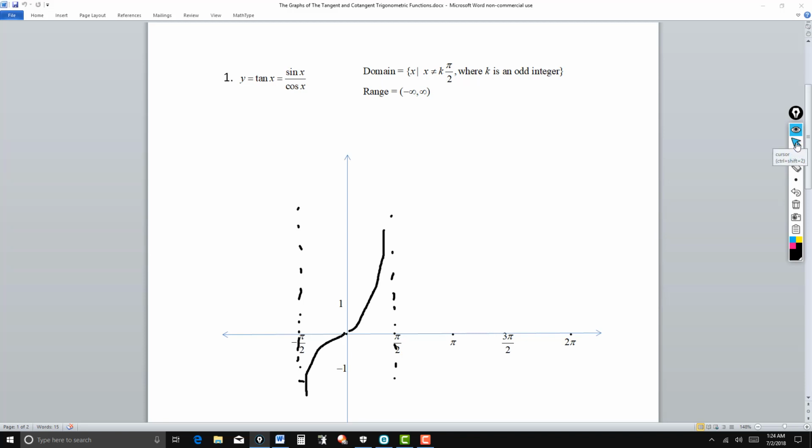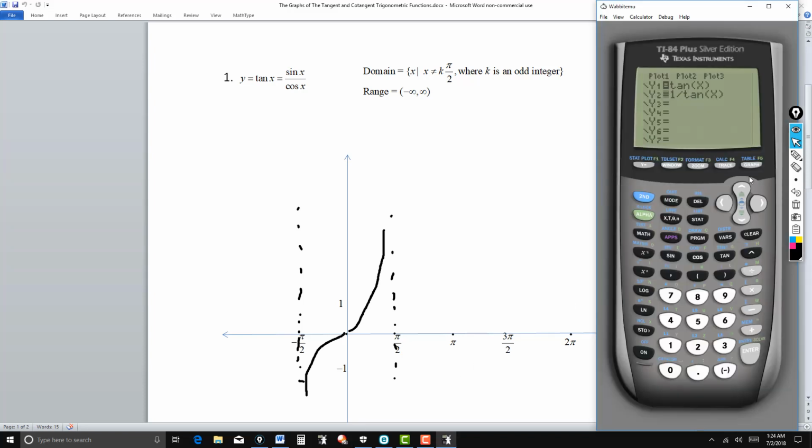So now, if we look at the graph on the calculator, I have selected here the tangent of x, and notice I don't have to have it use the sine and cosine, because tangent is included on the calculator display here. So I just hit graph, or I can do it zoom 7, whichever one works the best.